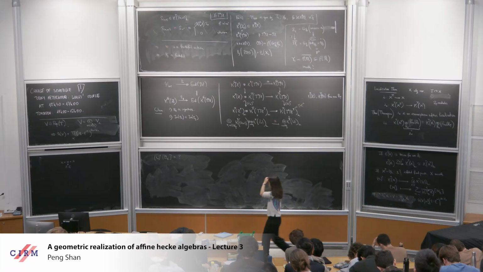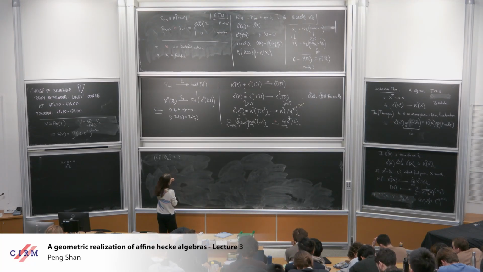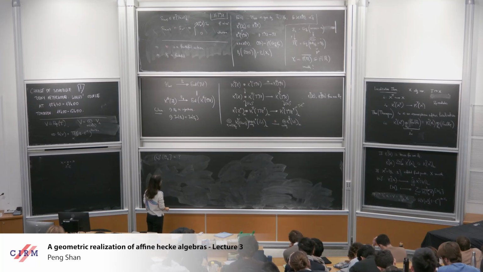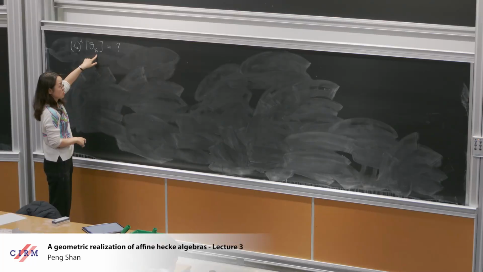So first of all, its image inside the localization is supported at the fixed points of this thing. And what are the fixed points?